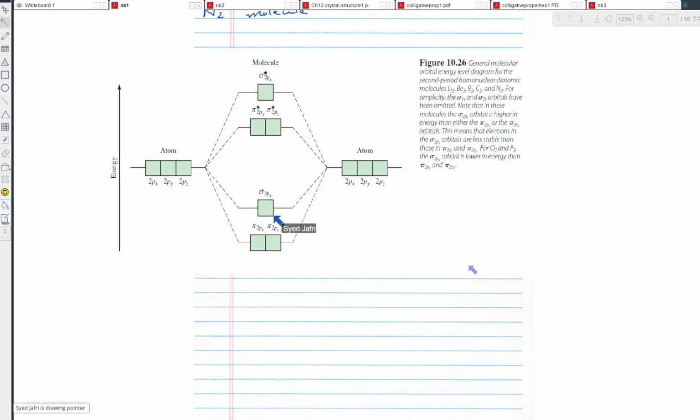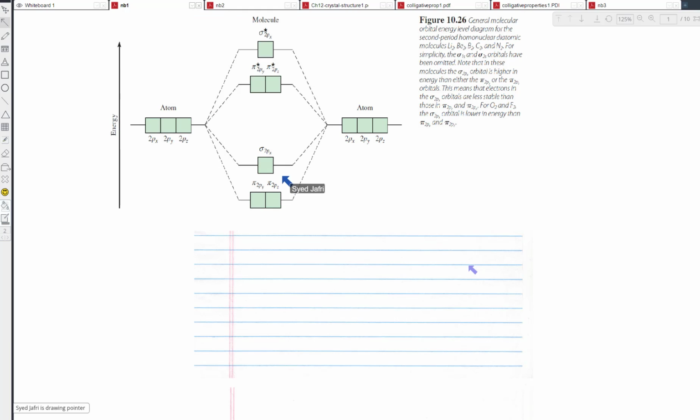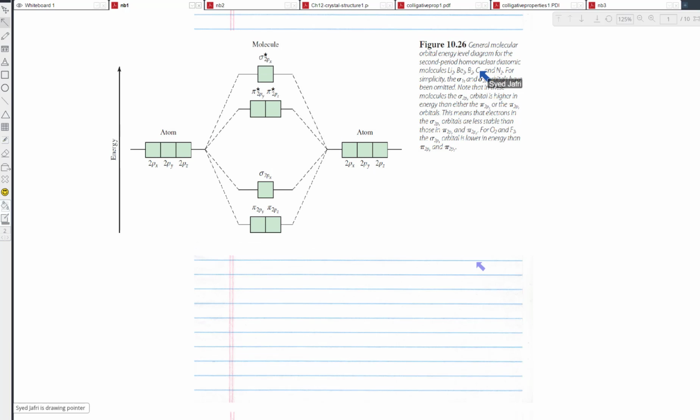Of course, for bond order it doesn't matter in nitrogen. But if you are studying in more detail, these are experimental findings, because they make a triple bond, double bond, those things. So in these examples it becomes reversed. This becomes more stable, because electrons in lower energy orbitals are more stable than those in higher energy orbitals. Generally we expect this one as lower energy and this one as higher, but this is an exceptional case for lithium, beryllium, boron, carbon, and nitrogen.